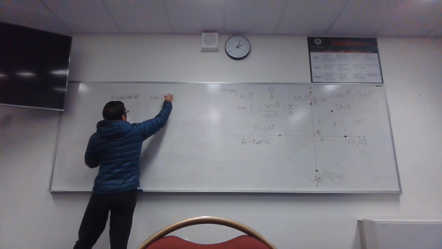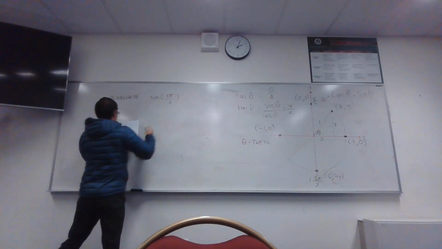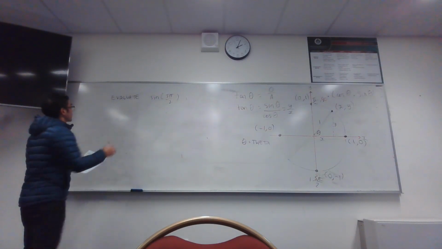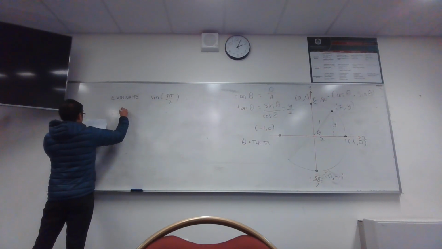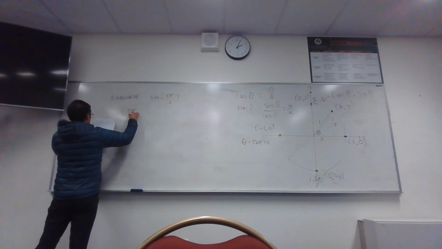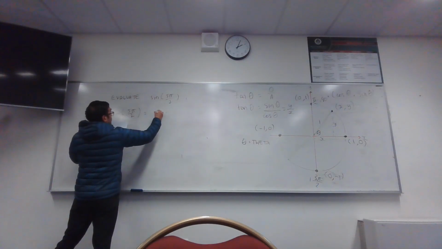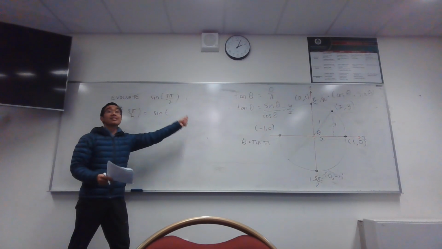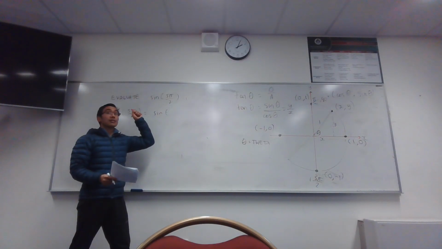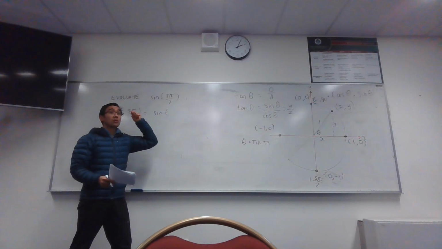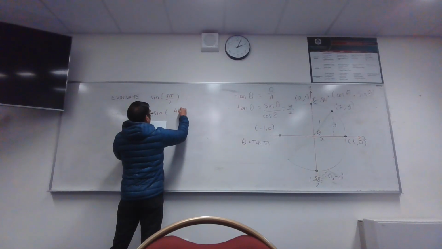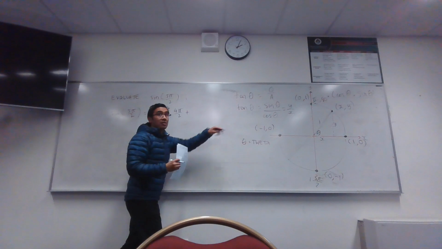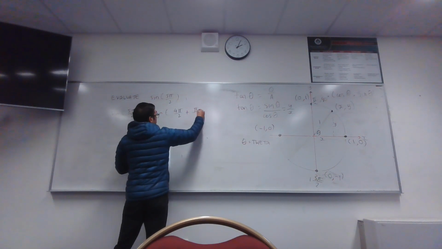Let's do this one. Sine 5 pi on 2. Let's do it this way first. If I want to do the same process, 5 pi on 2, if I take a step back, 5 turns into 4. How much more do I need to make it equal again? 1 pi on 2.